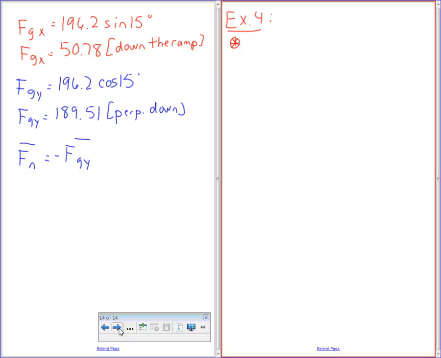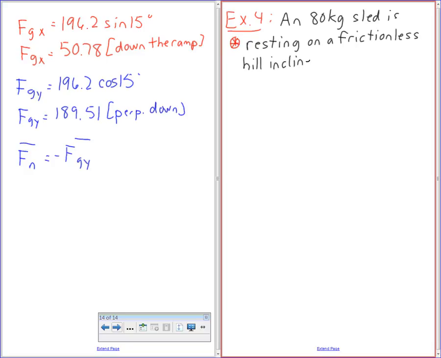Okay, an 80 kilogram sled is resting on a frictionless hill inclined at an angle of 12 degrees.